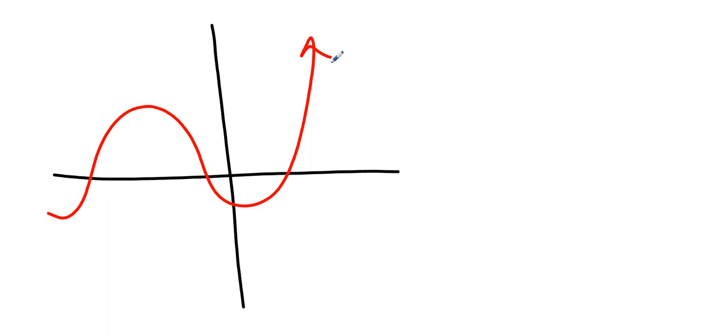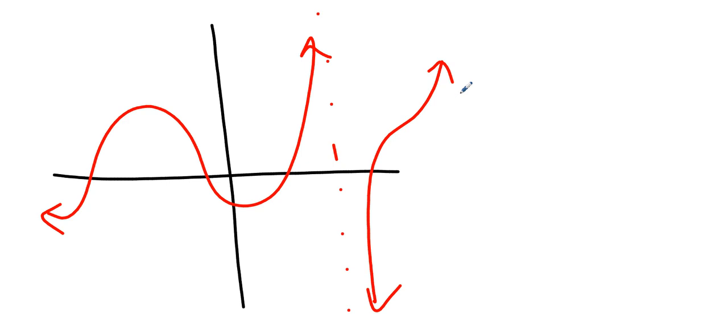It is also possible for a limit not to exist because the graph does something like this. Let's suppose this is x equals 3. And let's suppose that this dotted line is something you learned about in high school called an asymptote.